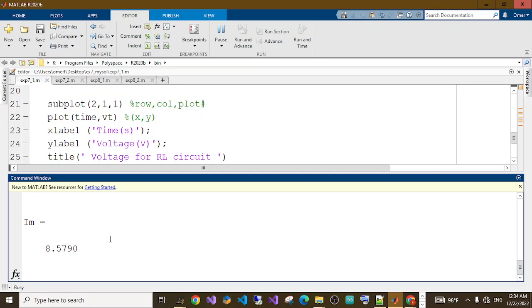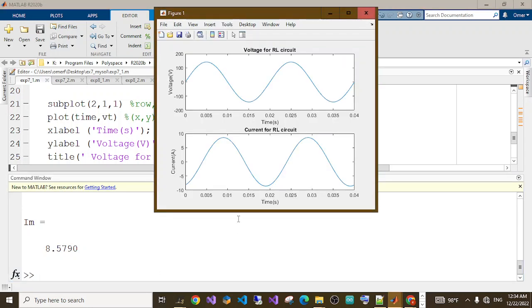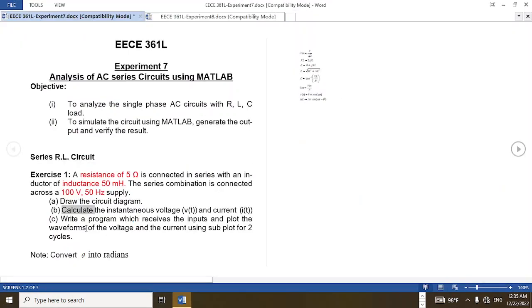We should be getting plots after this is finished. So we got the plots. This is the answer for the exercise, which is about calculating the instantaneous voltage and writing a program which receives the input and plots.